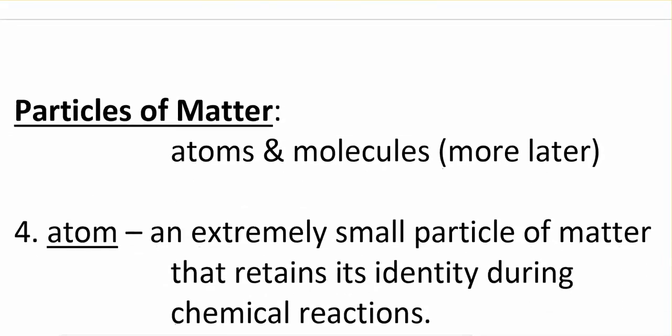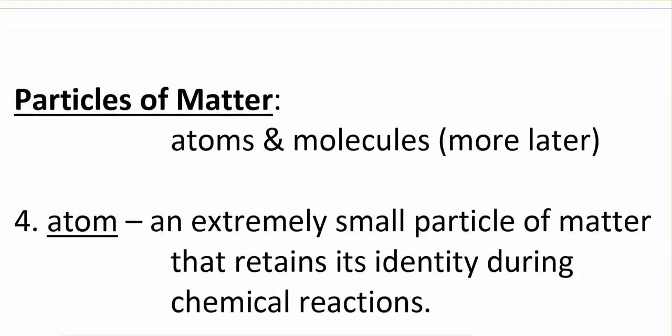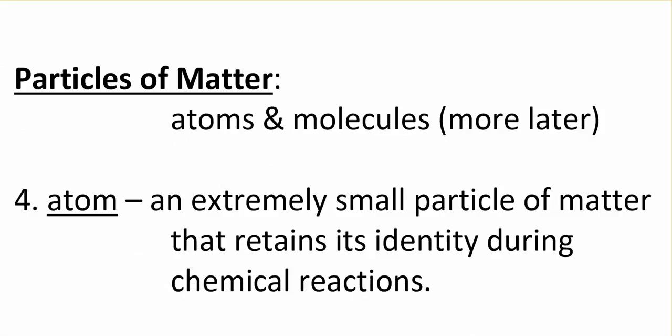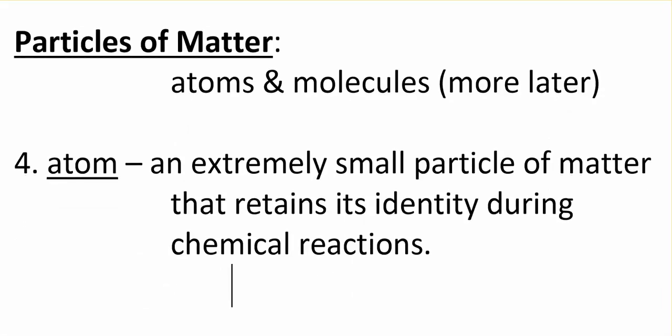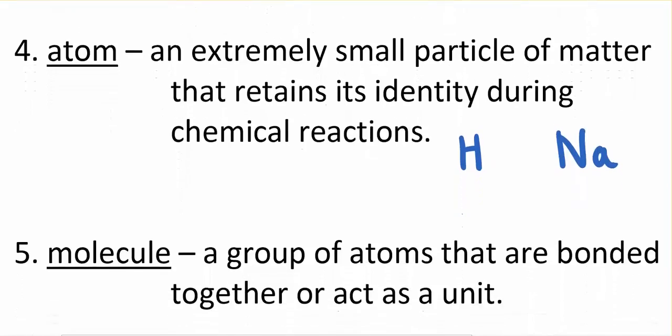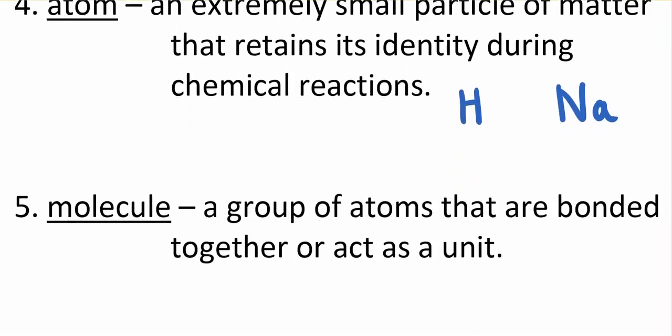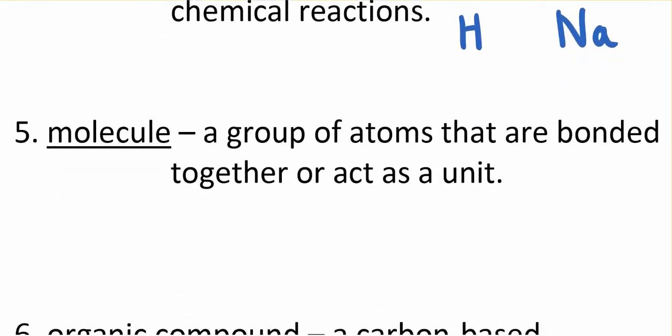Now let's talk about the particles of matter, and we'll talk about atoms versus molecules. Atoms are the smallest unit, and so this formula represents one atom, this formula represents one atom. They don't lose their identity in a chemical reaction. A molecule, so we can use formulas to represent molecules as well.